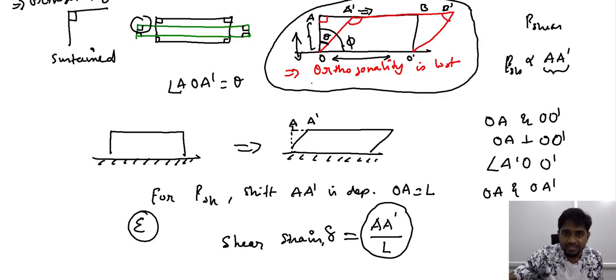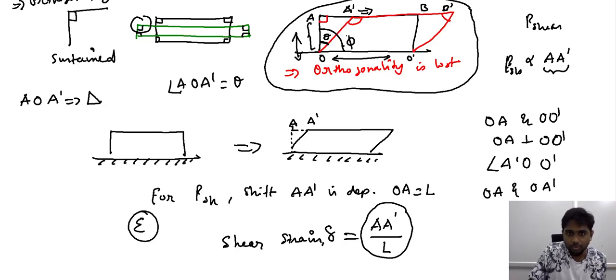Now when you consider the triangle A, O and A prime, this is a right angle triangle. So you have this angle that is 90 degrees.